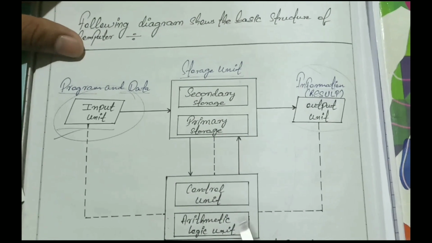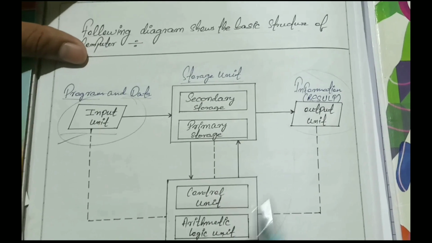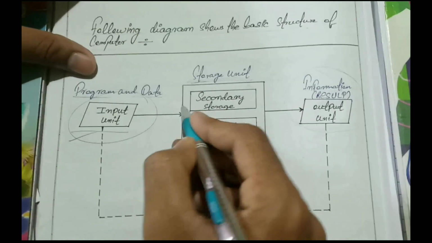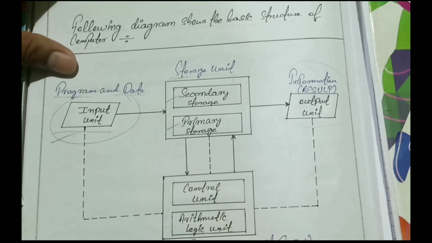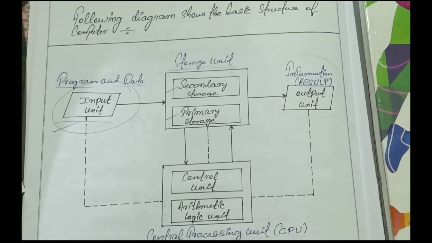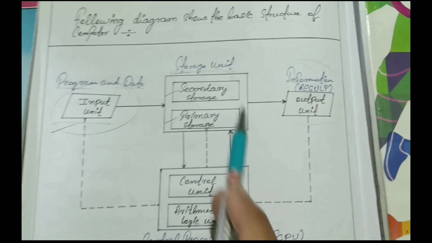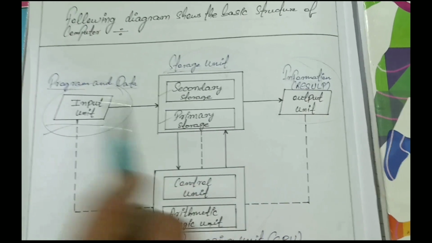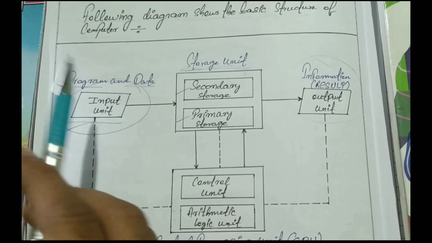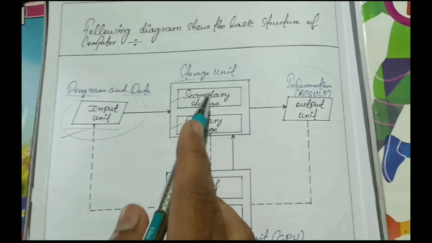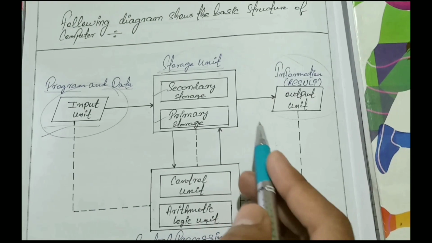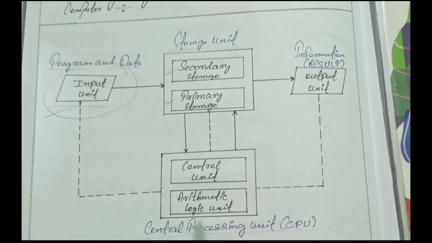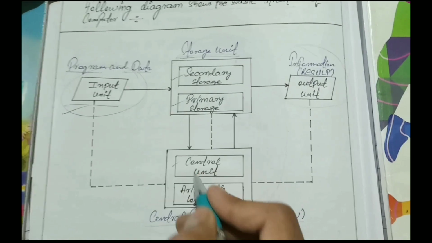Here we can easily see the storage unit. A storage unit is of two types, secondary storage and primary storage. What does a storage unit mean? Whatever data we send in through the input unit is stored in the storage unit, and after that the central processing unit comes in. The central processing unit is of two types, control unit and arithmetic logic unit.